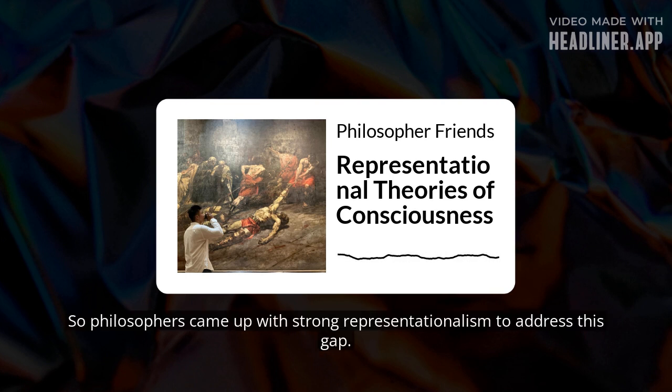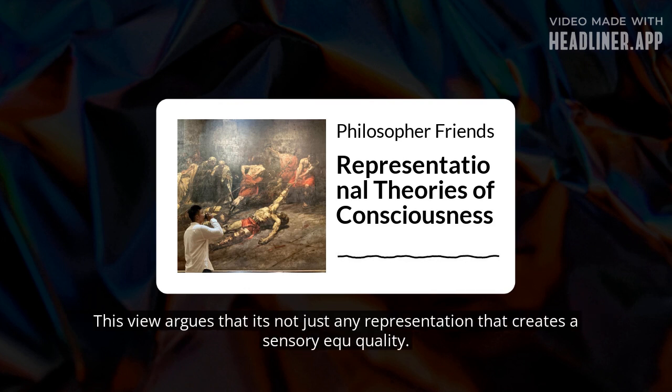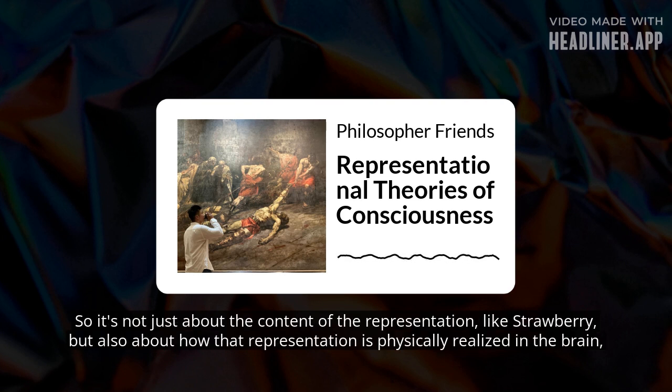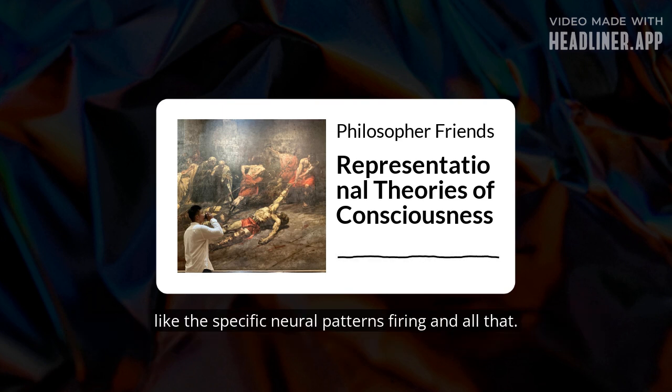So philosophers came up with strong representationalism to address this gap. This view argues that it's not just any representation that creates a sensory quality. It has to be a very specific kind of representation, one that's grounded in how our brains and sensory systems actually work. So it's not just about the content of the representation, like strawberry, but also about how that representation is physically realized in the brain, like the specific neural patterns firing.